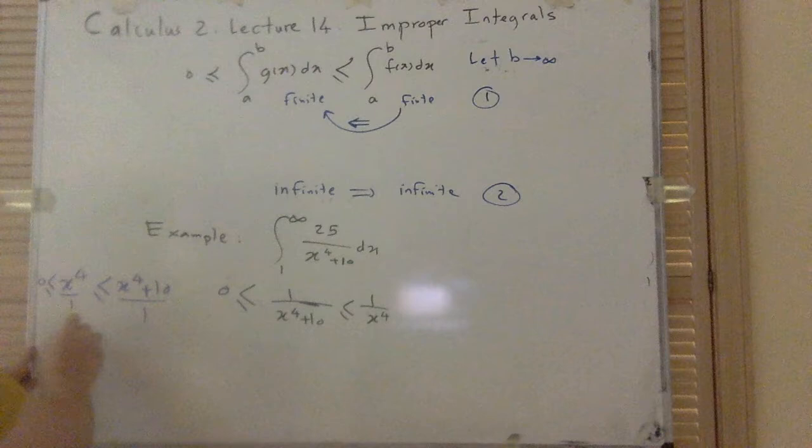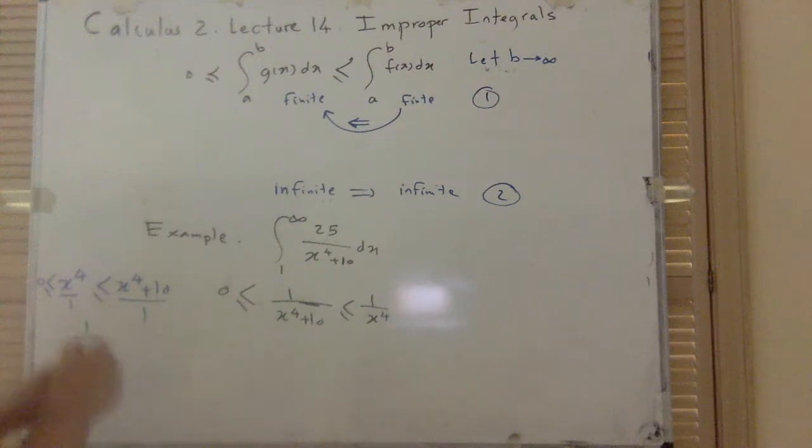So 1 over x^4 becomes bigger than 1 over x^4 plus 10.